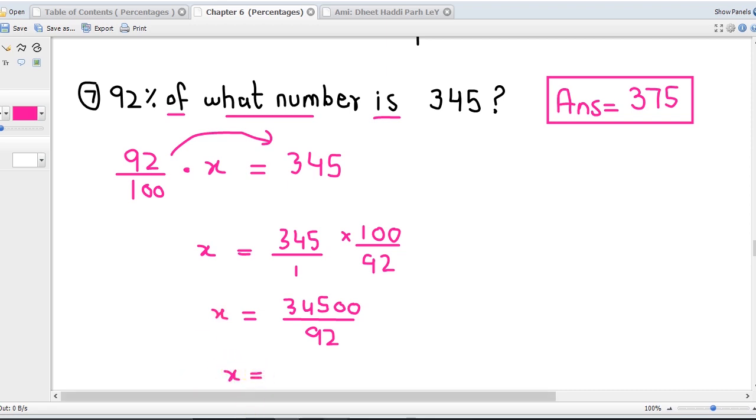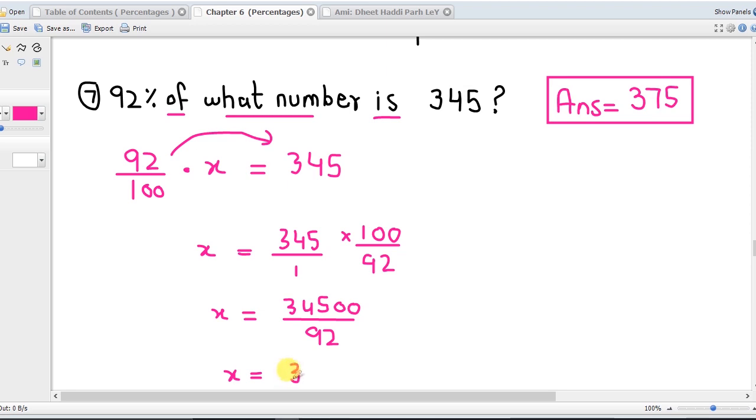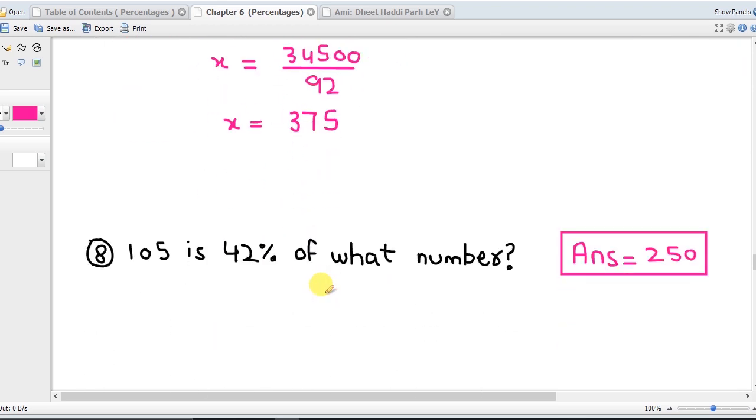So the value we are getting is 375. So 375 is our final answer, right?